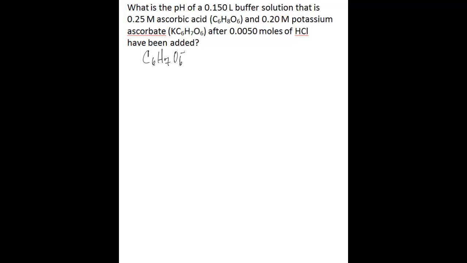So the ascorbate anion is present because when potassium ascorbate dissociates in solution, you get a potassium ion plus the ascorbate anion. And when hydrochloric acid is added to solution, you get a proton and the chloride anion.